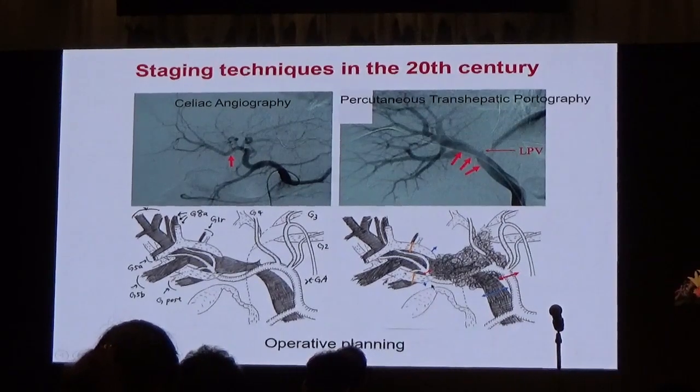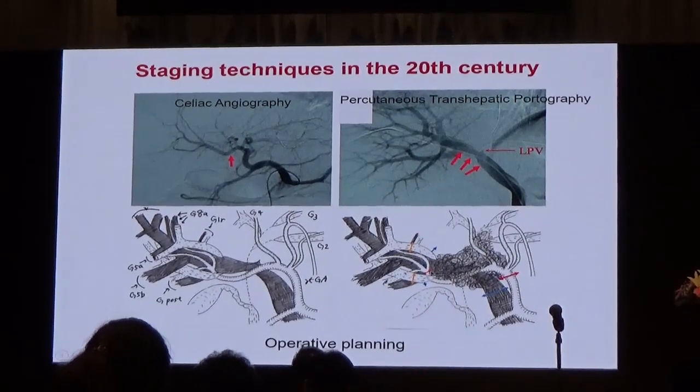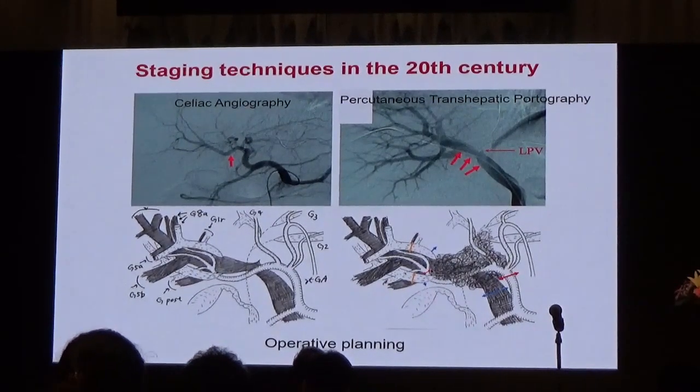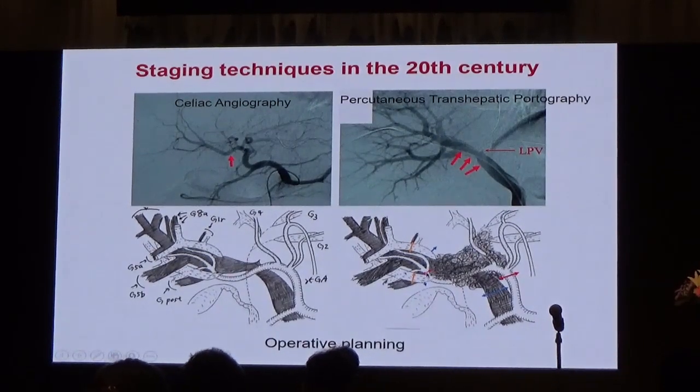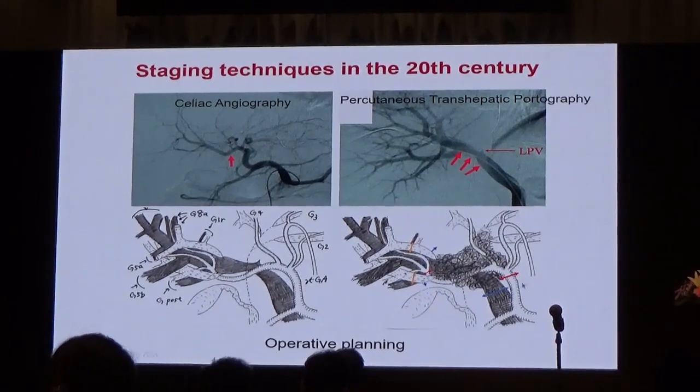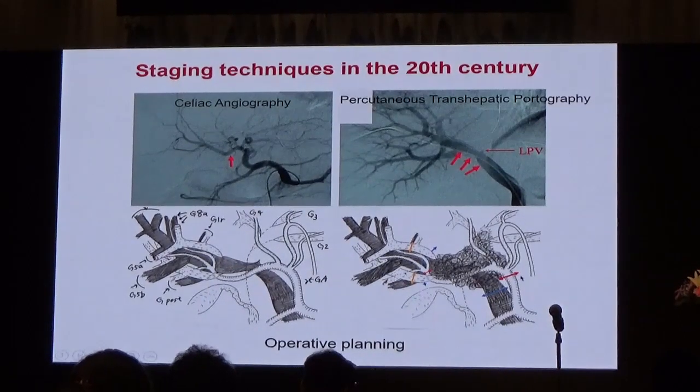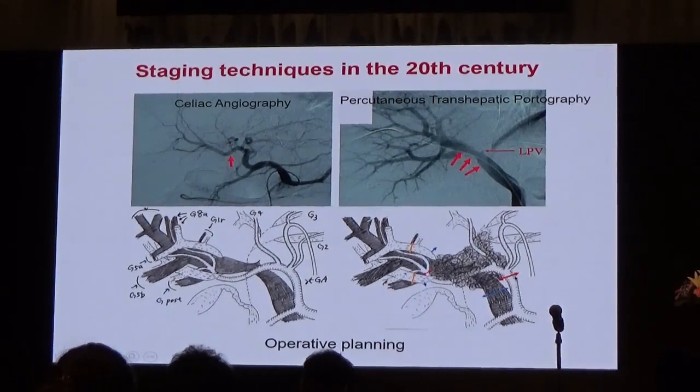Diffuse cancer invasion was demonstrated along the portal vein and the hepatic artery. And the hepatic artery resection line was scheduled proximal to the confluence of the bifurcation of the anterior and posterior branch. And here you see the proximal resection line was designed as the proper hepatic artery.